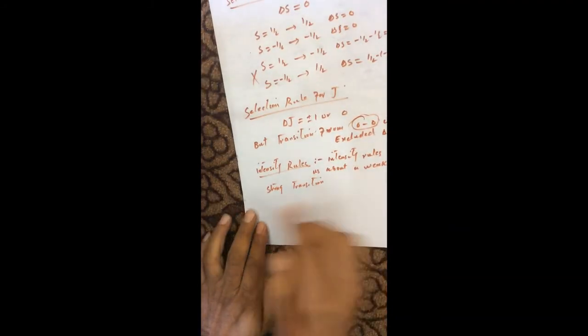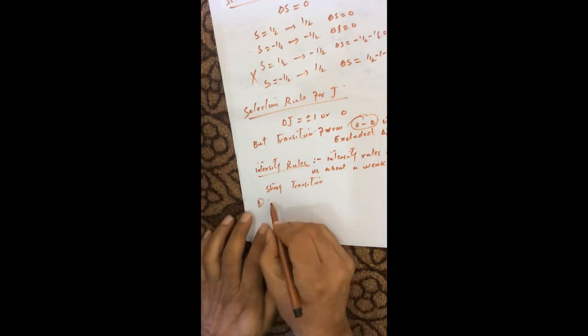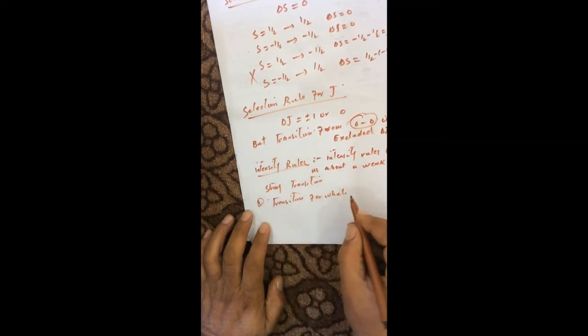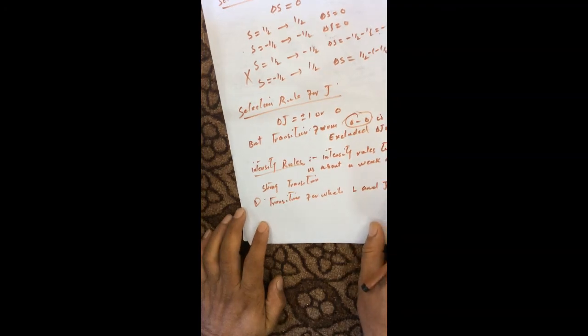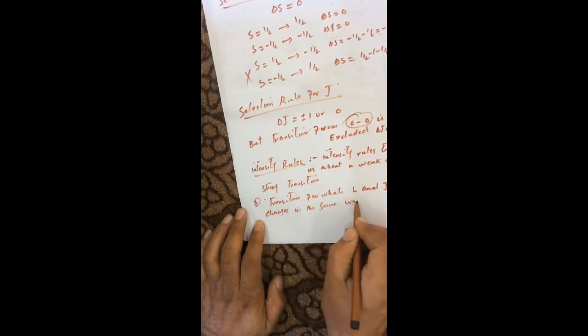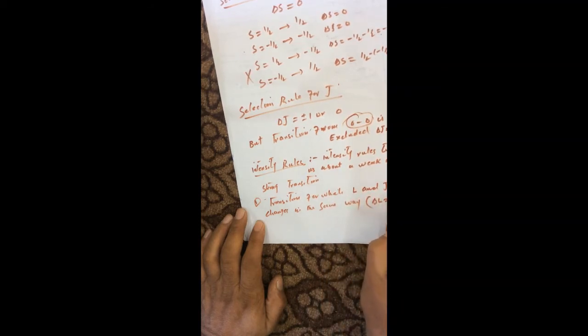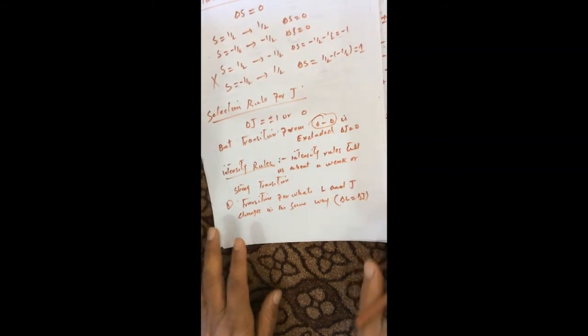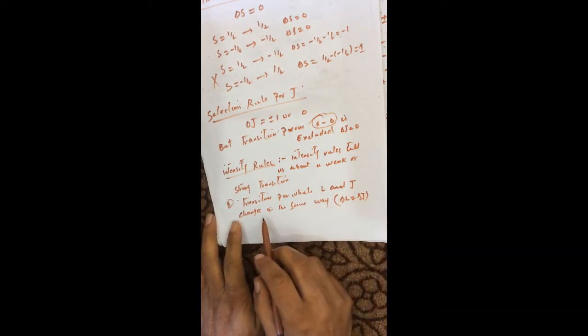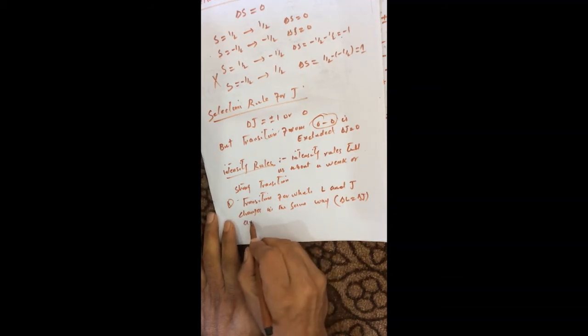The first intensity rule is: a transition for which L and J values, orbital angular momentum and total angular momentum J, change in the same way, that is delta L is equal to delta J, both changing by +1 or -1, is a strong transition.